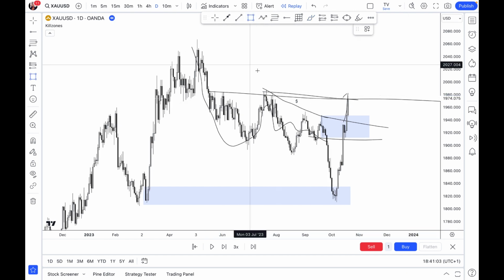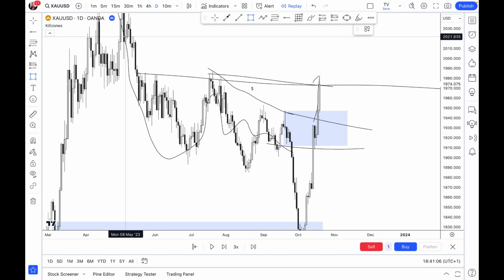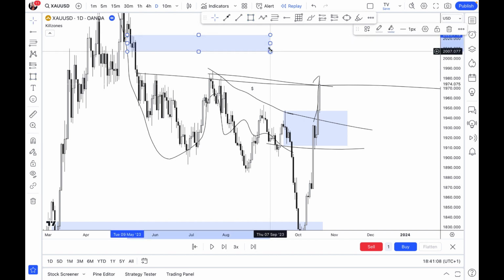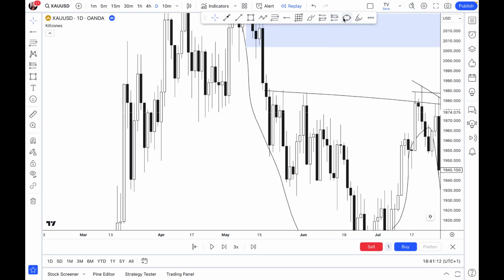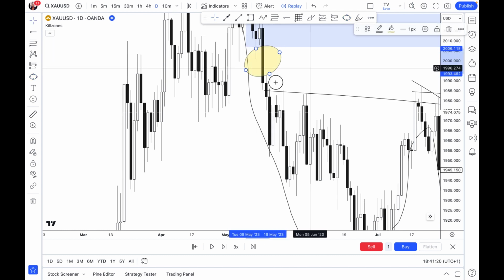The next zone that we should be looking at for now is this supply zone right here. As you can see, this supply zone has imbalance as well. So price was not efficient at this level. We had imbalance in that zone.